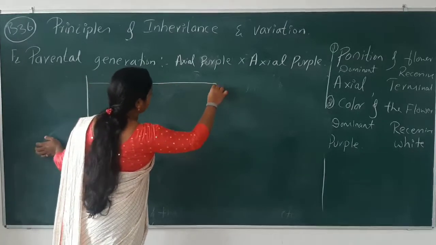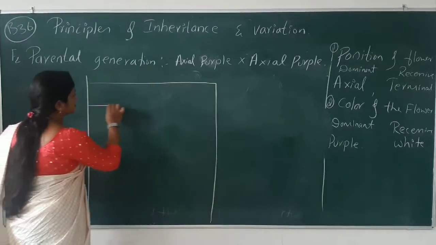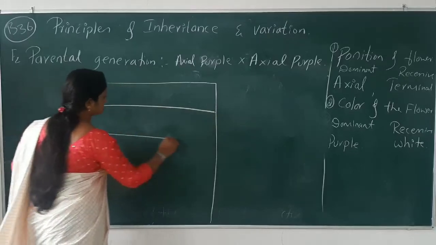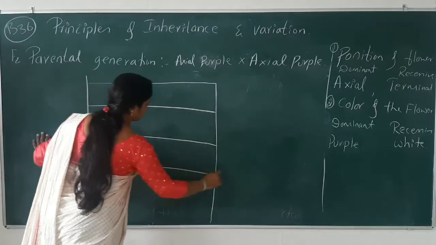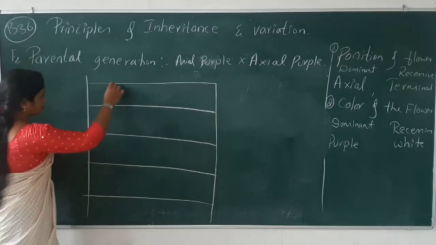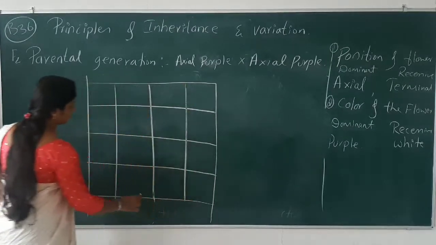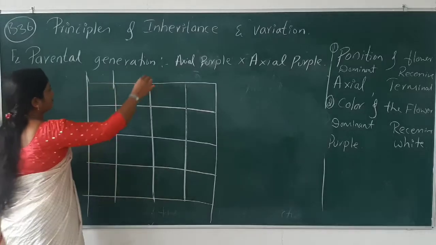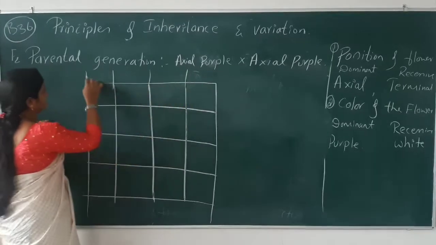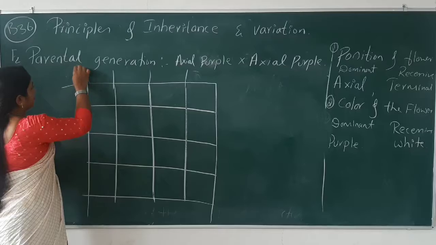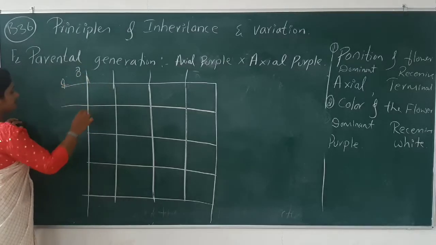Put 16 blocks. Yes, and at the top of this column or square, write one of the gametes.